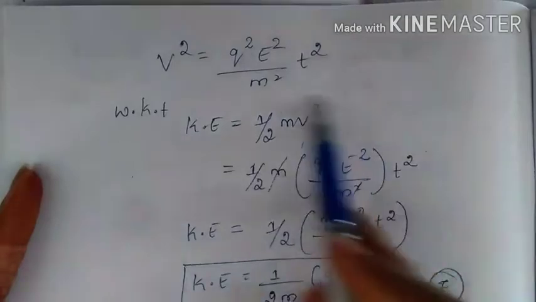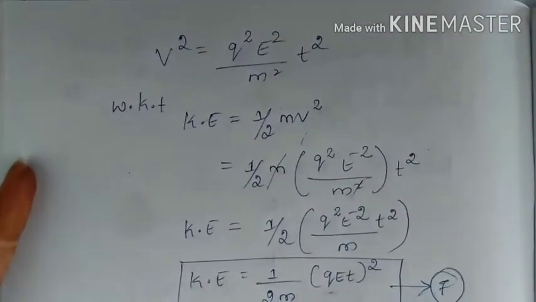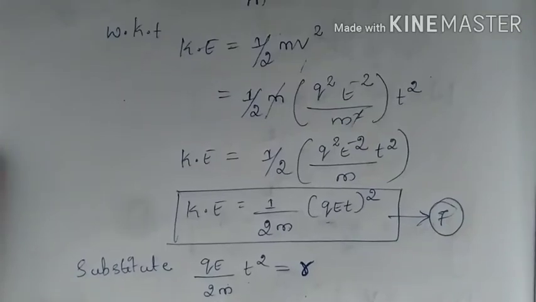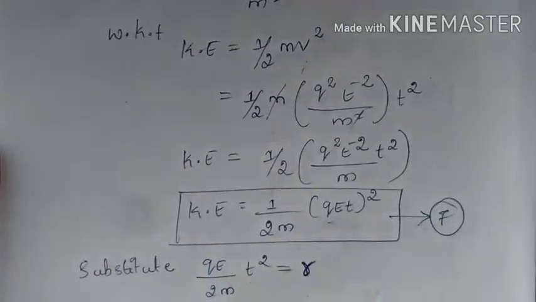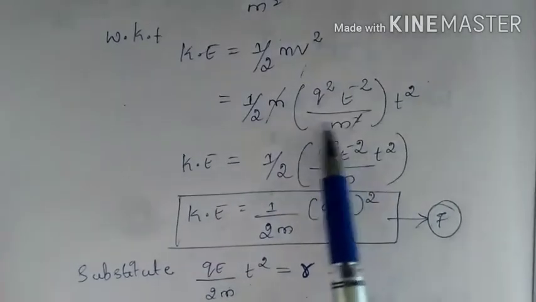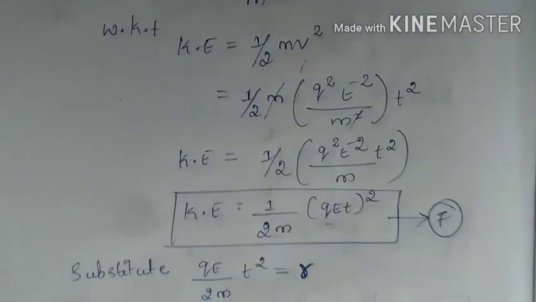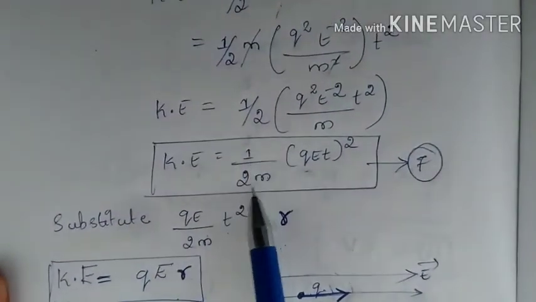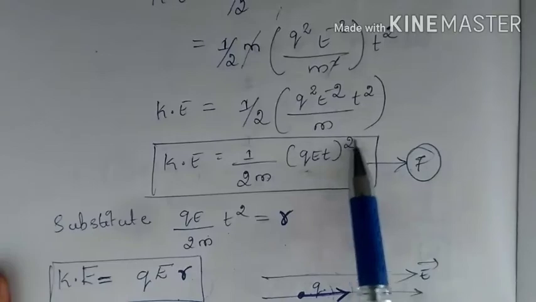So to calculate that energy, we are using the formula of the kinetic energy. Kinetic energy is half m v^2. So if you substitute the v^2 value, v^2 is Q^2 E^2 by m^2 into t^2, then you get the final equation as half 2m (QEt) whole square.